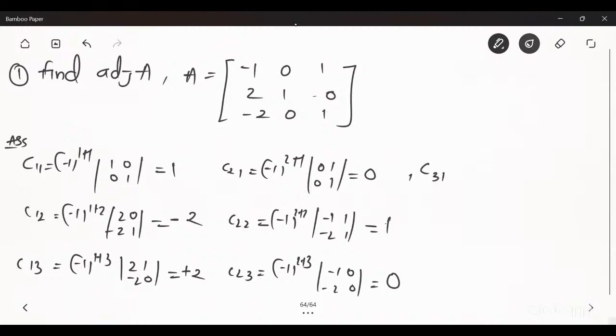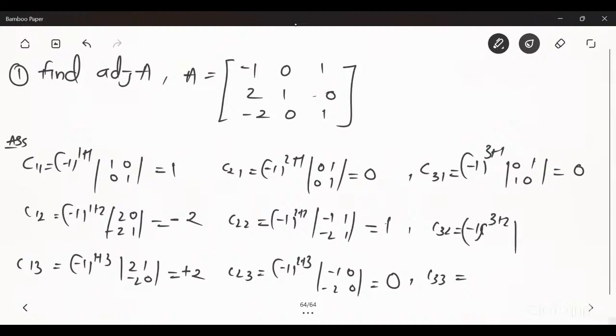Now C31. C31 is minus 1 to the power 3 plus 1, and you will get value 0, 1, 1, 0. On solving, you will get 0. And C32 is minus 1 to the power 3 plus 2, minus 1, 1, 2, 0.